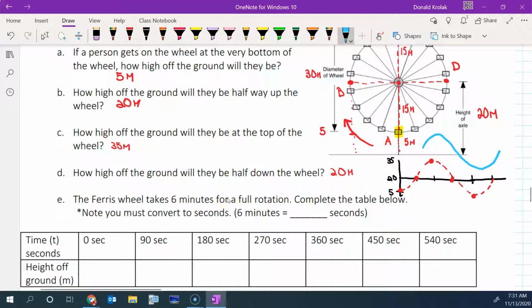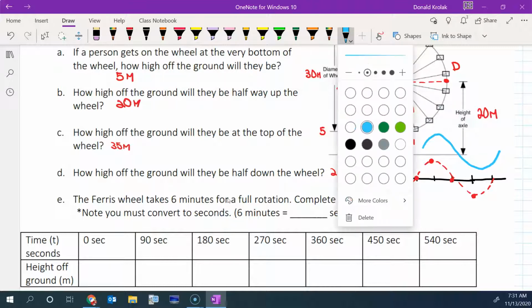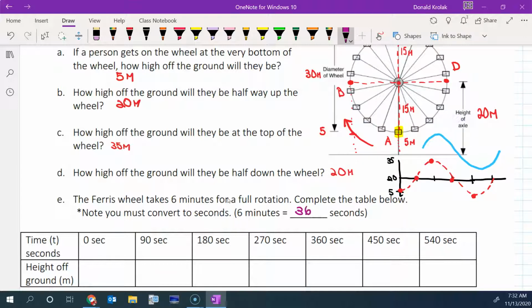So you're told that it takes 6 minutes for a full rotation. Complete the table below. Note, you must convert 6 minutes into seconds. So 6 minutes times 60 seconds is going to give us 360 seconds. That's my period.